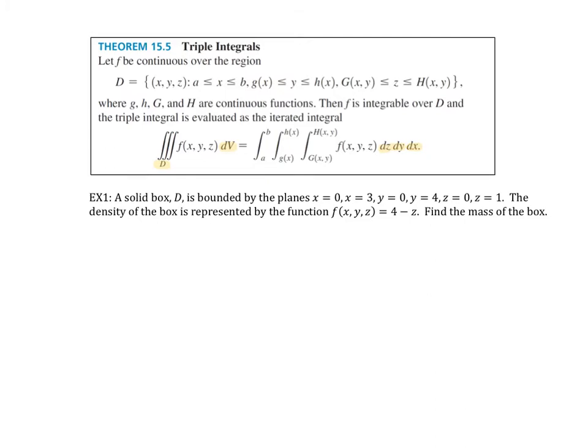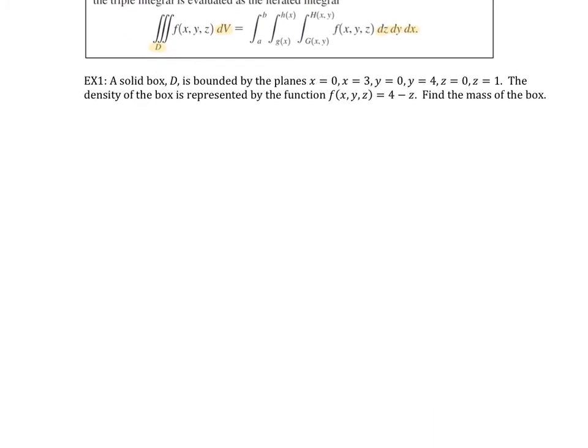I'm going to go ahead and sketch this region. Again, apologies for my sketches. When we look at the planes that are bounded by the x value, we have x is equal to 0 and x is equal to 3. So all I'm going to do is go to 0, and I'm going to say that this is 3 here.